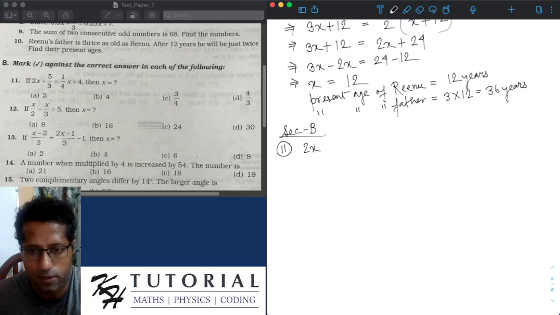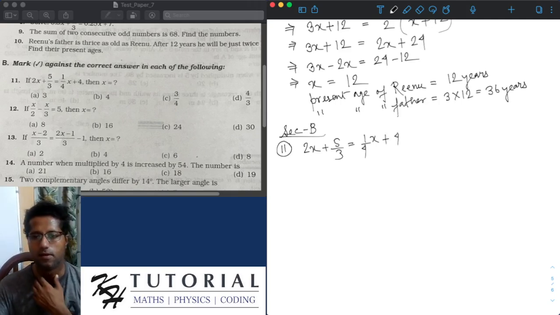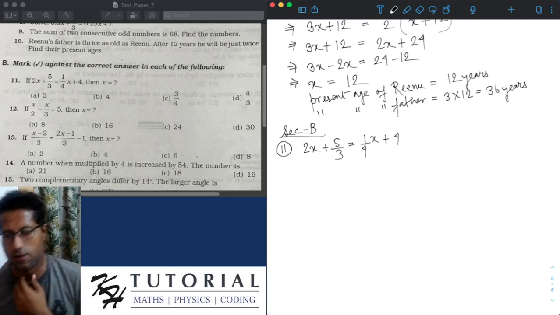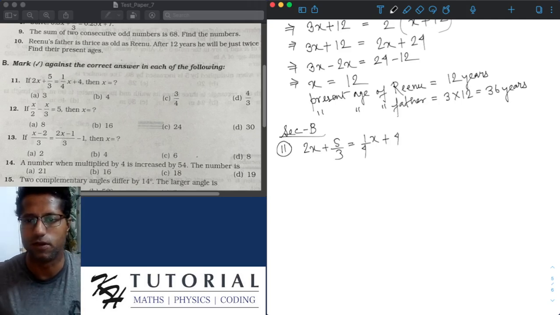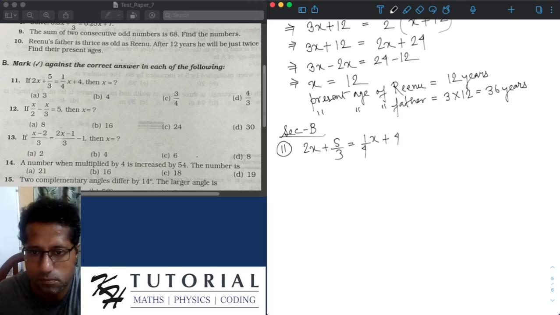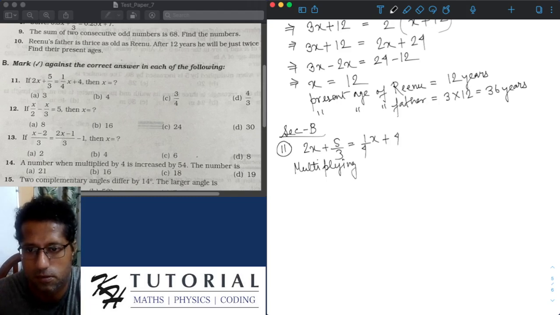An equation is given, (2x plus 5)/3 equals (1/4)(x plus 4), then find x. That is, it is asking to solve x from this linear equation. Since we see there are two fractions, 5 by 3 and 1 by 4, we would like to multiply both sides by the LCM of 3 and 4, that is 12.